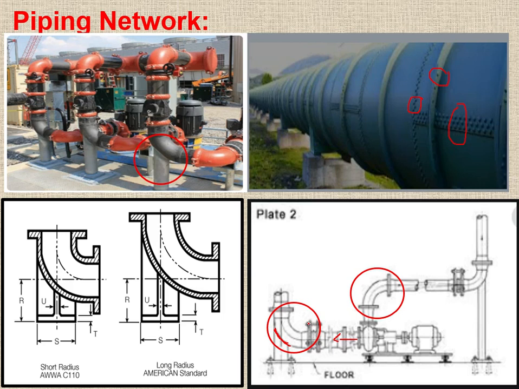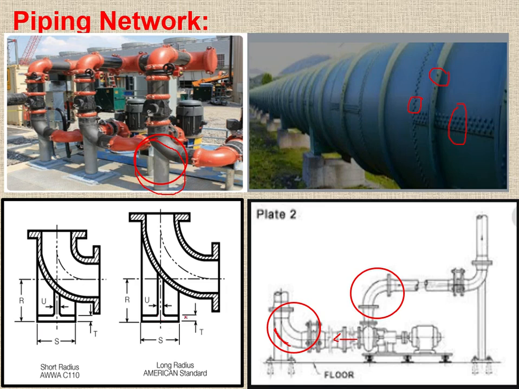Okay. So here you see these are the elbows, and you can see here in the picture, there are supports to hold the elbow, and also you see these are standard design elbows with the anchoring supports.